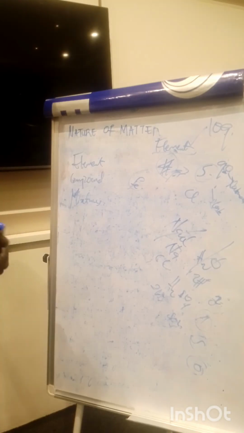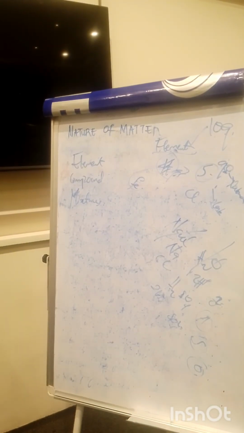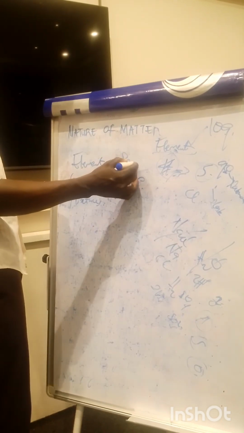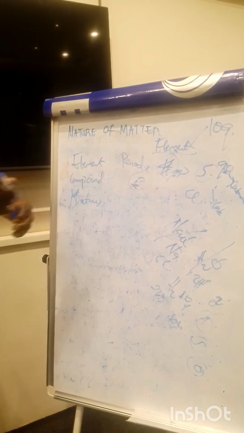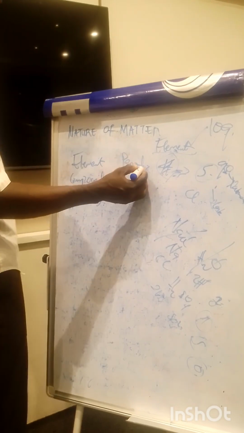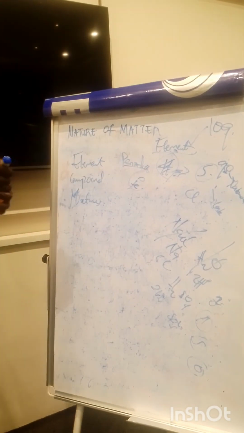These elements are grouped in the periodic table. We saw how Mendeleev grouped them in order of atomic mass, and the recent classification where they are arranged in order of their increasing atomic numbers.